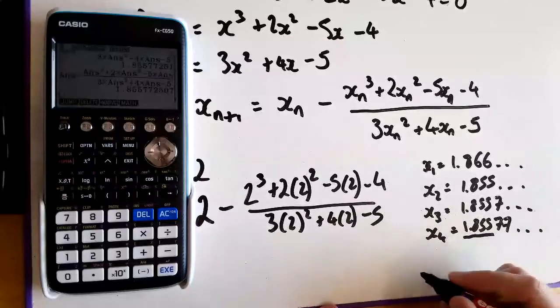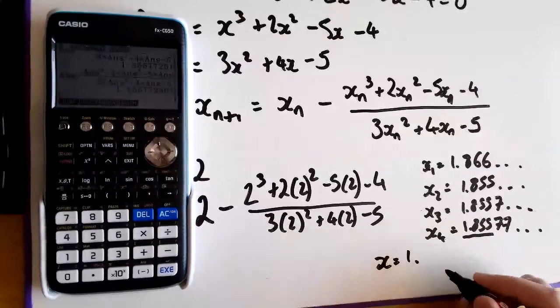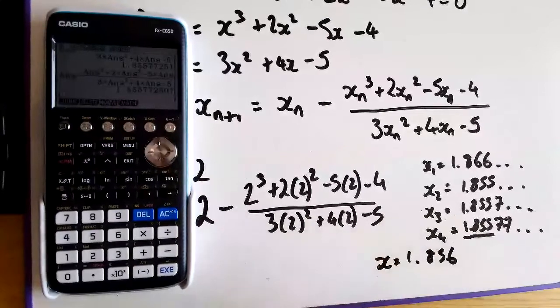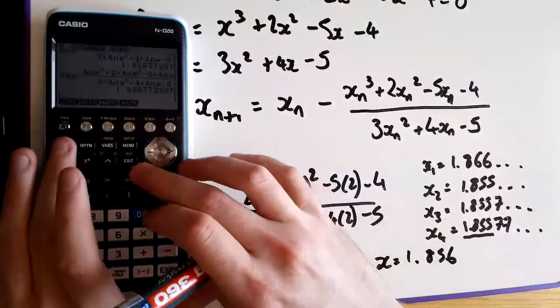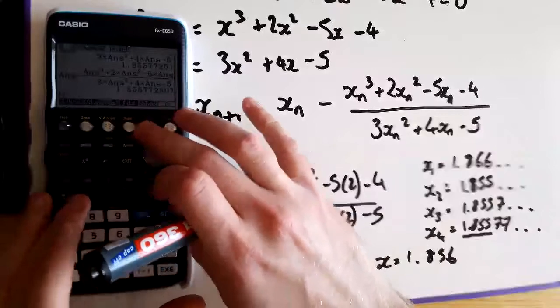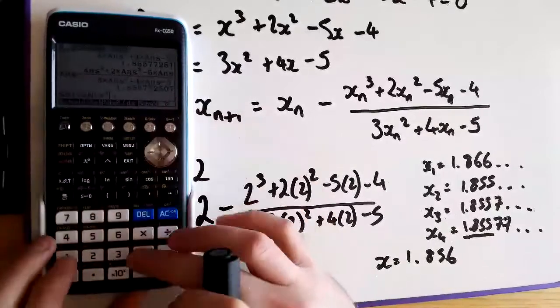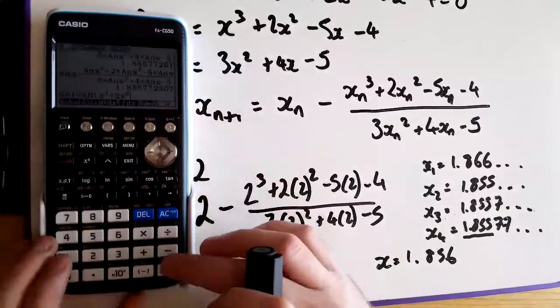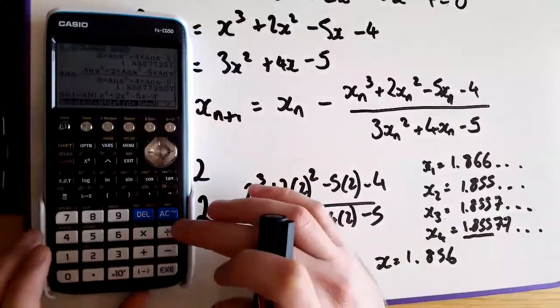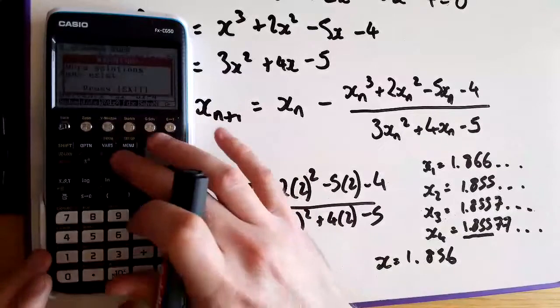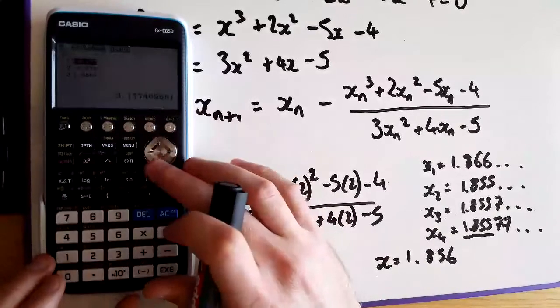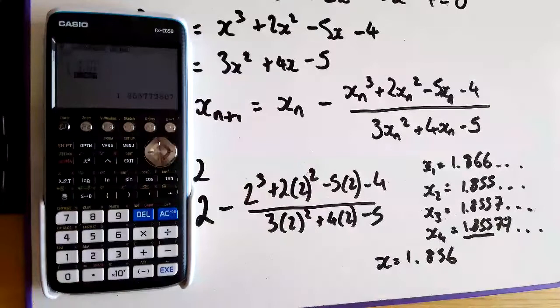So to 3 decimal places, my answer would be 1.856. Now I'm going to check that using solving. So I hit x cubed plus 2x squared, take away 5x, take away 4. There we go, 1.85577, etc. Yes, this method does work.